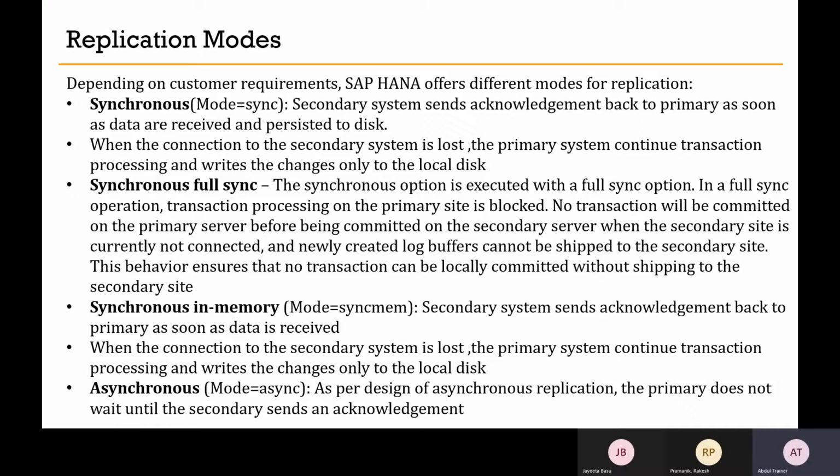The secondary may be unavailable due to a power failure at the secondary system or a network problem between primary and the secondary, and the communication is stopped. In that case, the primary continues the transaction. Whatever transactions the users do will continue, there won't be any problem. But whatever changes are happening in the primary database will be stored on the primary local disk.